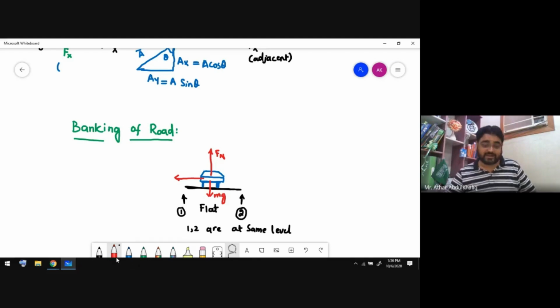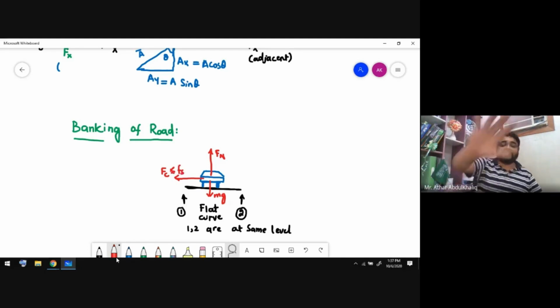If this is a flat curve, the centripetal force will be provided by the friction, and it will be at most equal to the static friction.